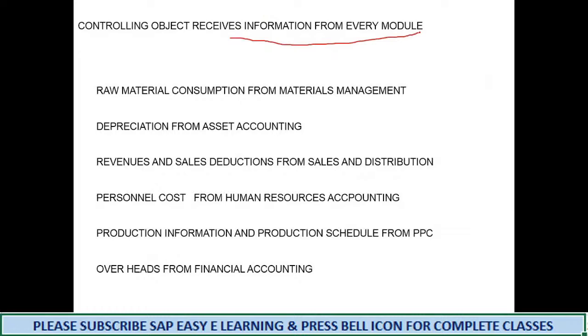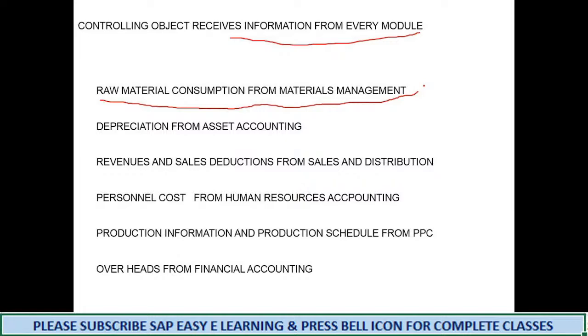Like what? Raw material consumption is received from materials management. So there is one module which is called materials management. This module is responsible for the procurement activities, inventory management and material issue activities to production. Whenever MM is implemented, it is integrated with FI.